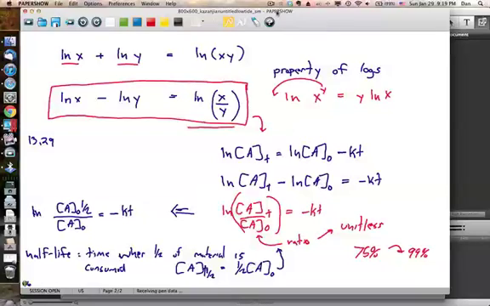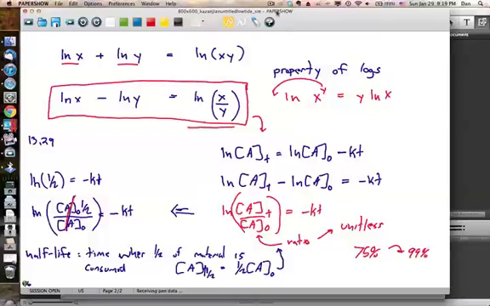These are the same, and so we can rewrite this as ln 1/2 is equal to negative kt.